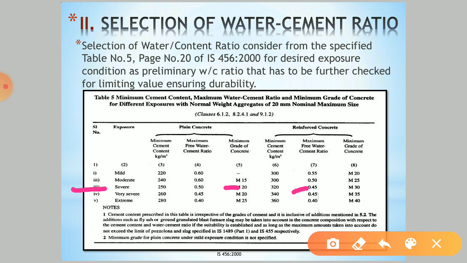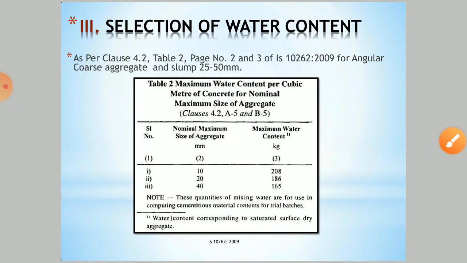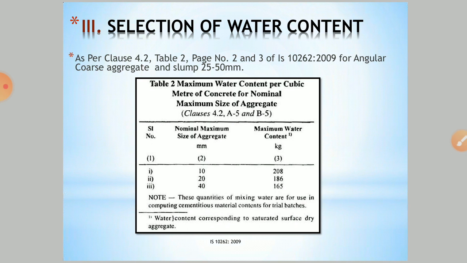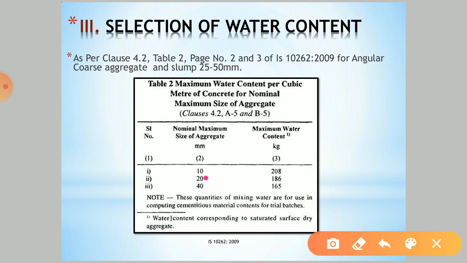So we select the minimum grade. This is for PCC. Suppose for RCC we consider M20, water cement ratio 0.55 and minimum cement content 300 kg per meter cube. And suppose we have used 20 mm maximum size aggregate. Then the water content will be 186, and slump we will consider 225 to 250.